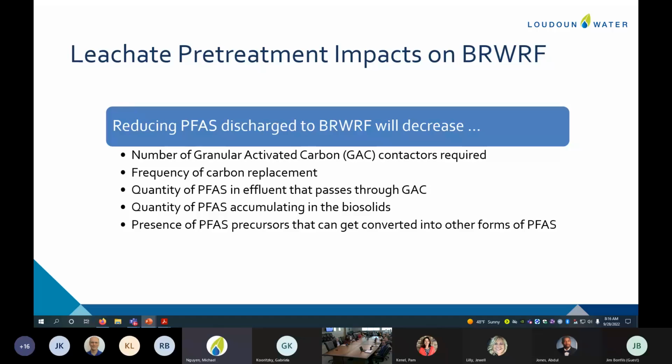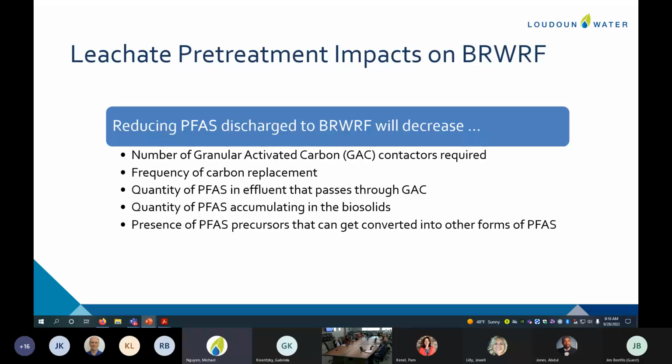We also need to know then how much of the PFAS still passes through GAC and ends up in the effluent, so that we have an idea of, once we have this treatment technology in place, what does our effluent look like then? And also we need to know, because our biosolids process, wastewater passes through the plant in about a day.